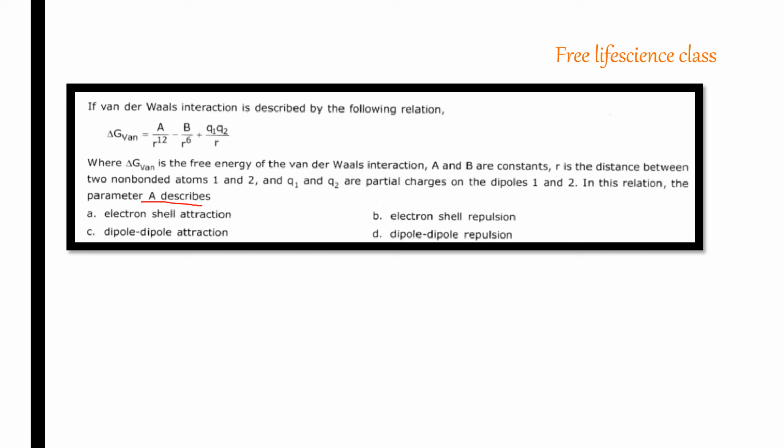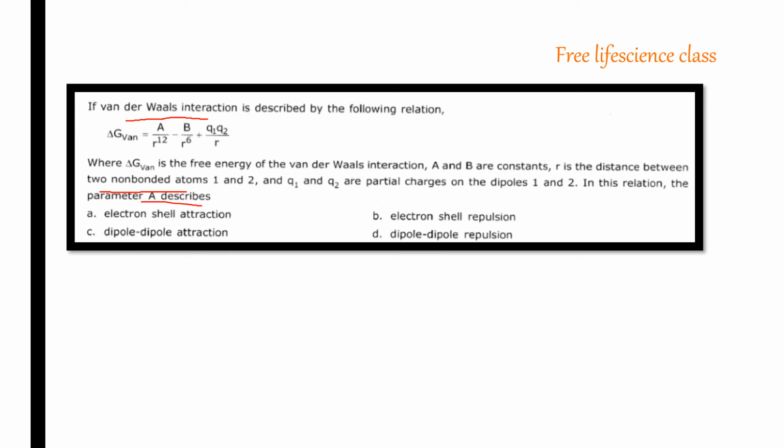Here, they describe van der Waals interactions. You know that van der Waals interactions happen only when two atoms come to the least distance. Only then will the van der Waals interaction take place, and it is asked for two non-bonded atoms.